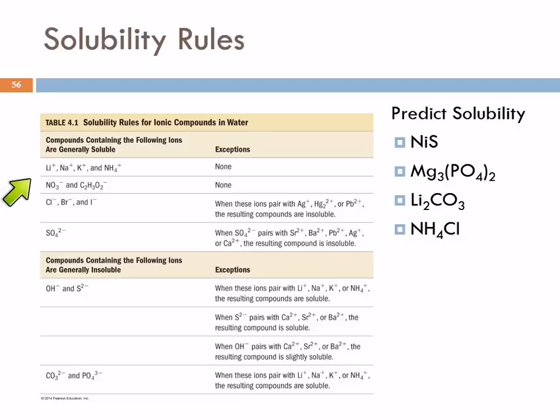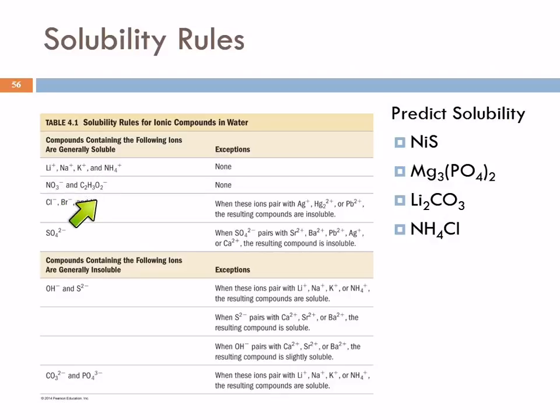So there's two parts to this table. The top lists compounds that are generally soluble. If the compound contains one of these ions, it's probably soluble. And then over here, any exceptions are listed. So if it contains one of the group 1A metals or ammonium, the compound is going to be soluble. No exceptions to that one.